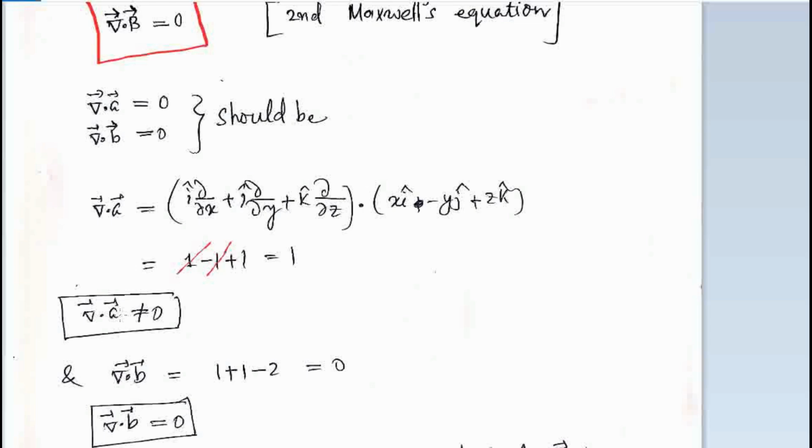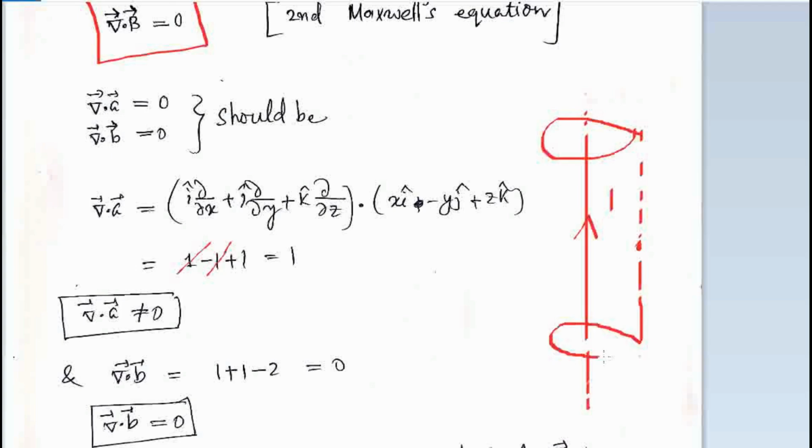A magnetic field, whether it is static or varying with position and time, in all situations has zero divergence. For example, if there is an infinite wire and current I is flowing inside it, and this current is steady, that means it is not changing with time, imagine a cylindrical surface around it.